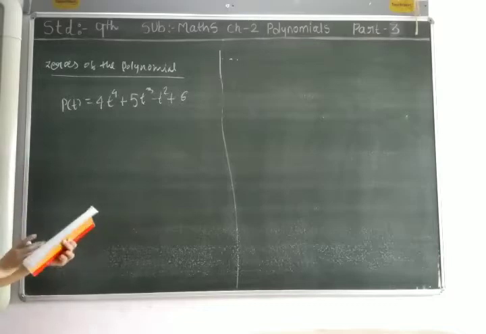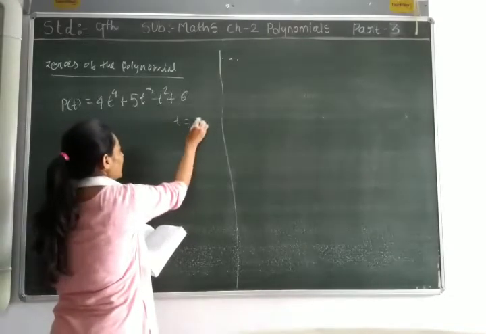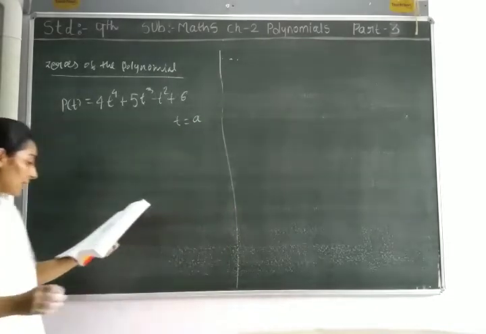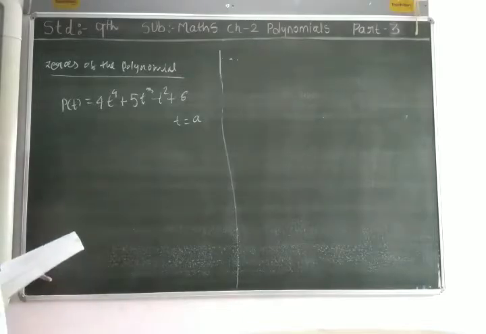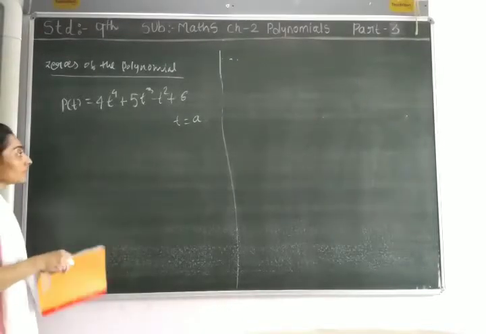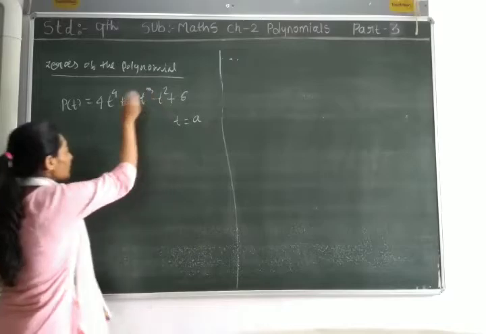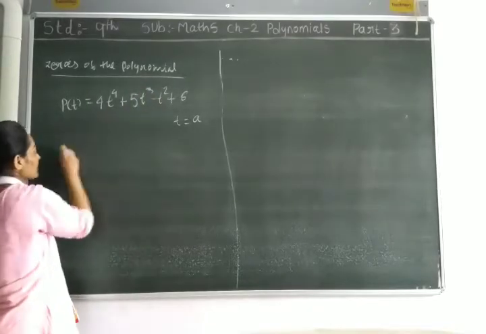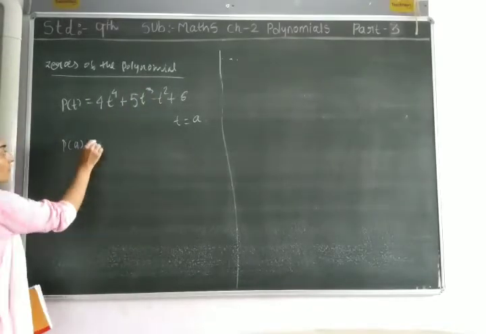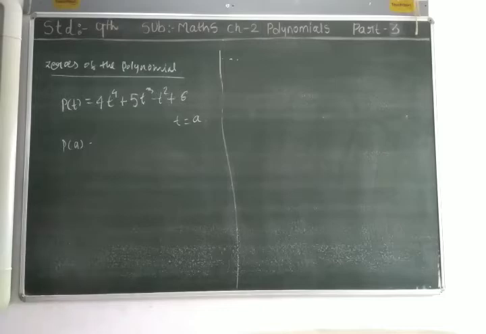So you have to just replace t equals to a. It means when you replace t equals to a, you have to write the equation in the a form only.